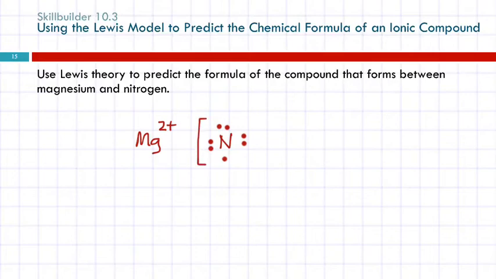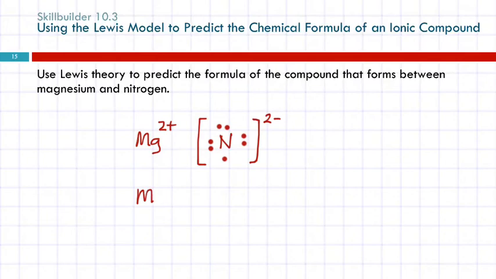What charge does this nitrogen have? 2-, because it gained 2 electrons. Is the nitrogen happy? No, it needs 8 dots to be happy. Where's it going to get another dot? Another magnesium.